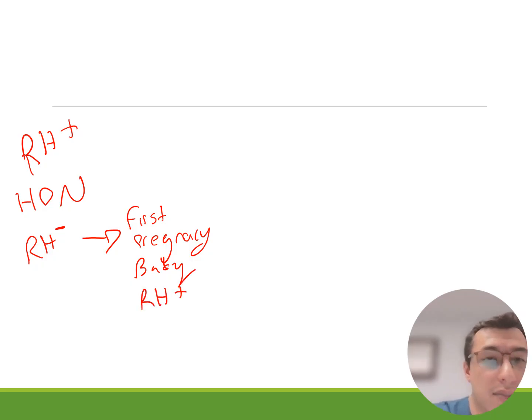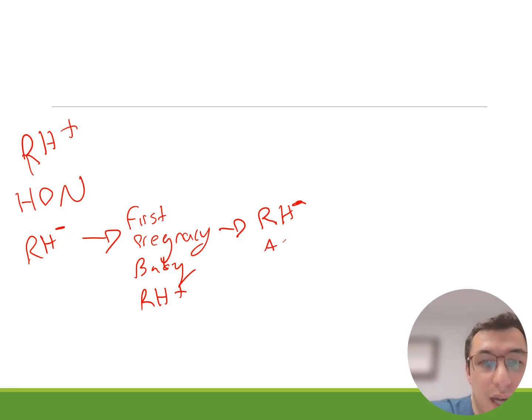And it was Rh positive because the father happened to have Rh positive, so that is why the baby inherited that. During the time of delivery, there was cross-contamination, and plasma cells ended up learning about Rh, and then about 6 months later, it started creating antibodies. Now the mother has been sensitized.